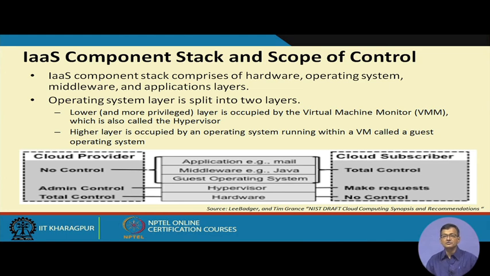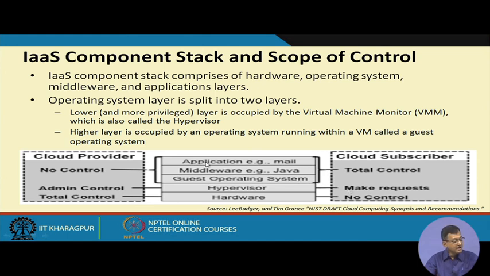As we have seen, in the middle here, I have the bare metal hardware, where the cloud provider has total control and the cloud subscriber has practically no control. Over that we have a hypervisor, or VMM, the virtual machine monitor, where the cloud provider has administrative control and the cloud subscriber can request VMs etc. from this hypervisor.